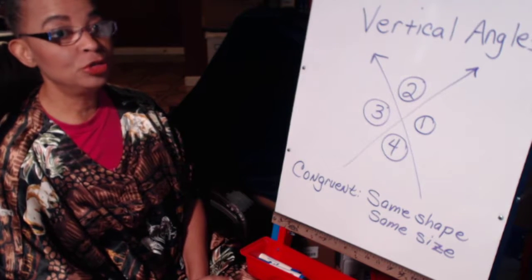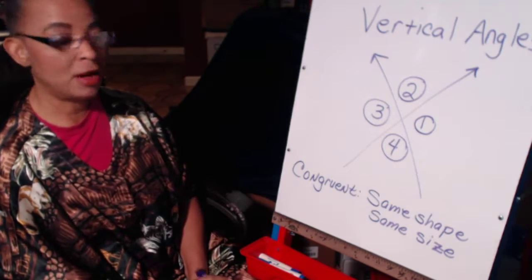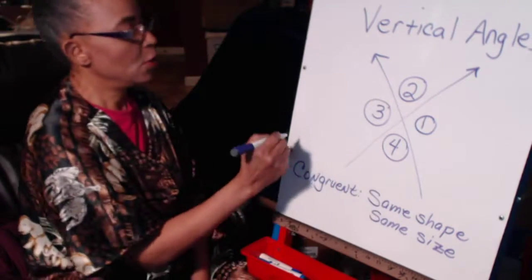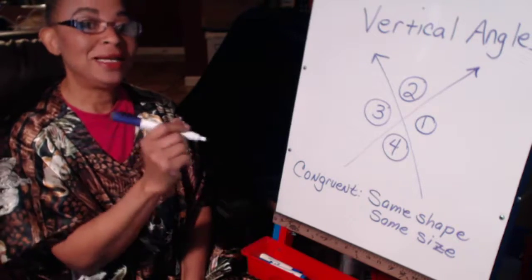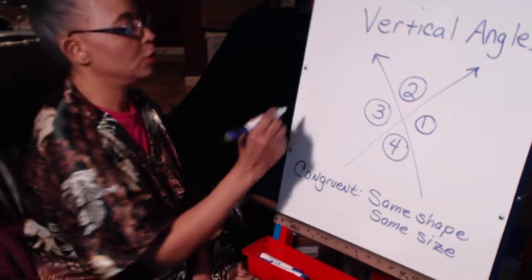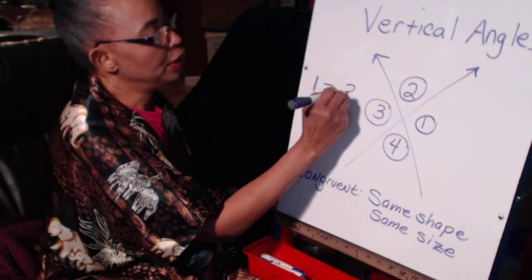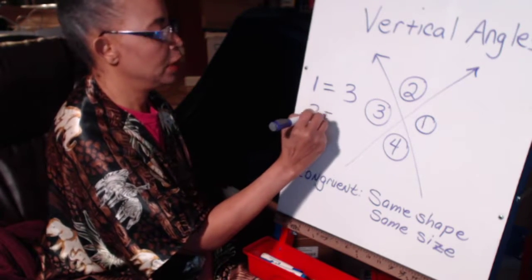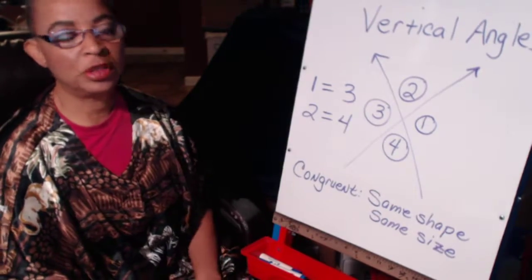And angle 2 and 4 are considered the same. So they are congruent. So if angle 2 and 4 are congruent, then angle 1 and 3 are also congruent. So angle 1 equals 3 and 2 equals 4. That's the basic thing about vertical angles.